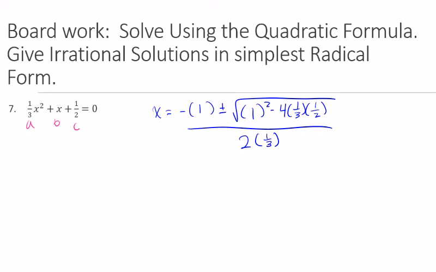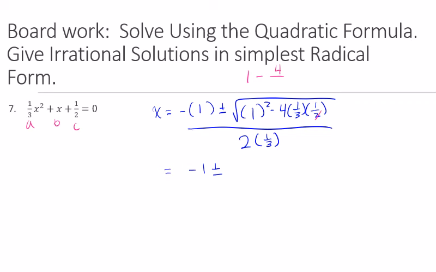Okay, so then we get -1 plus or minus. All right, and then you can still use your calculator to do this in fraction mode, but let's see, we'll try to do it kind of up here. So it'll be 1 squared is 1 minus 4 on top over 6, right?